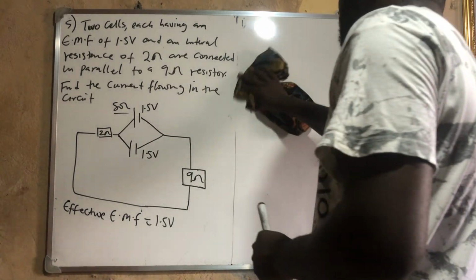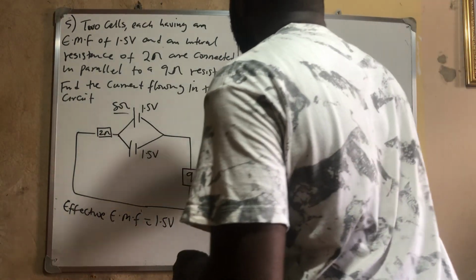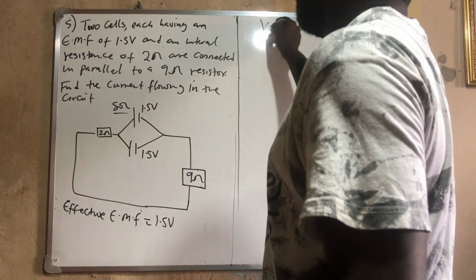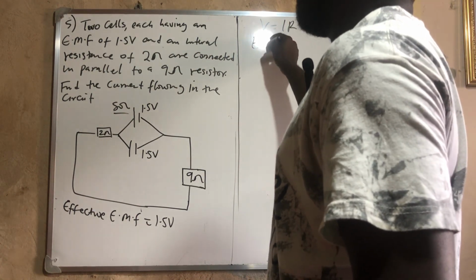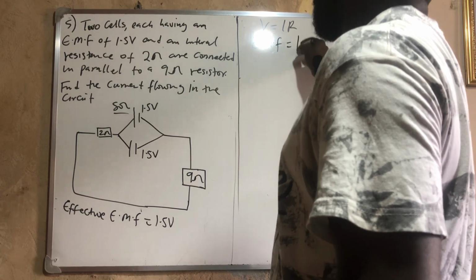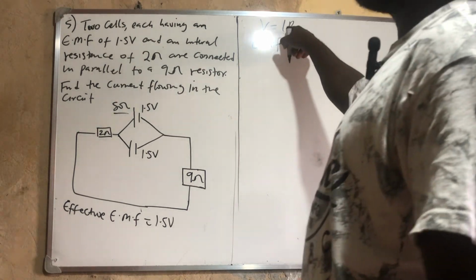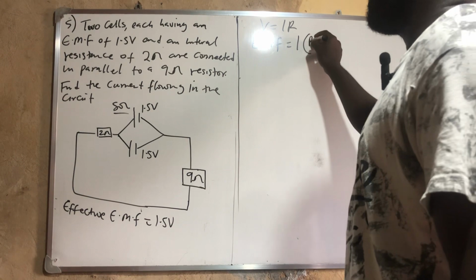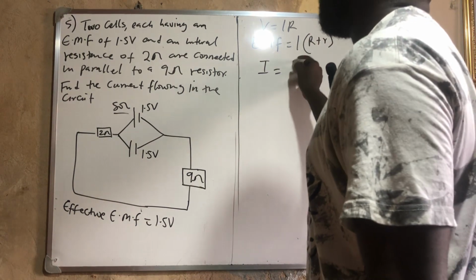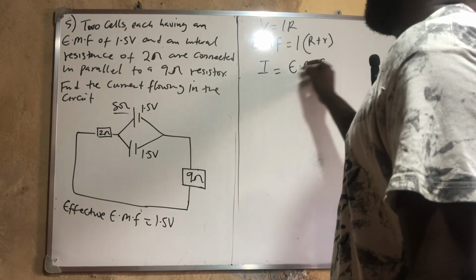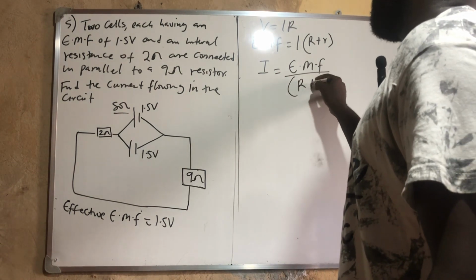So what do they say we should calculate? The current. I know that V is equal to IR, but I'm not using V here. What I'm using is EMF equal to I in bracket of the resistors, both the external and the internal. So my I is EMF divided by R plus r.